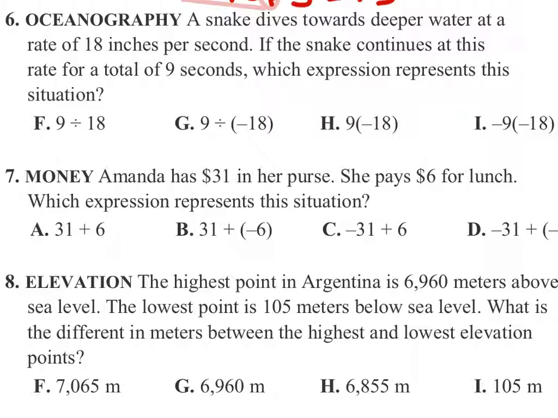So a snake dives deeper into the water at a rate of 18 inches per second. If the snake continues at this rate for 9 seconds, which expression will fit the situation? So what you have to do is 18 divided by 9, or 9 divided by 18.